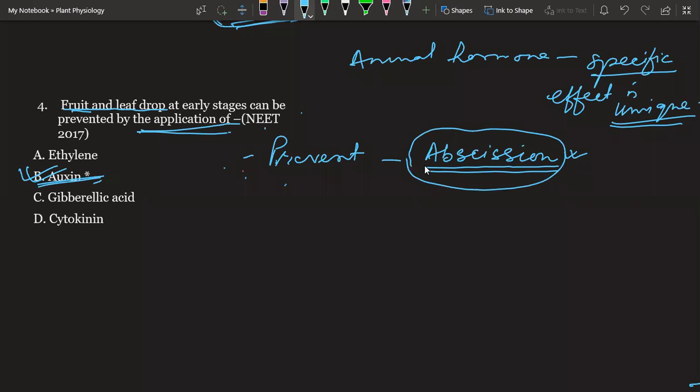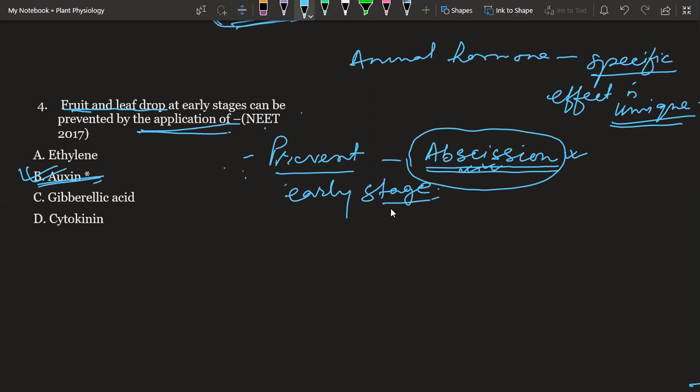Abscission is actually a process of detachment of the organ from the plant, such as leaf drop or fruit drop. Auxin can prevent it, but auxin is peculiar: it prevents it in the earliest stage, when the leaves are young, when the fruit is young, or the flower is in the bud stage.